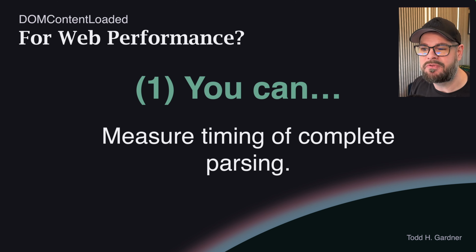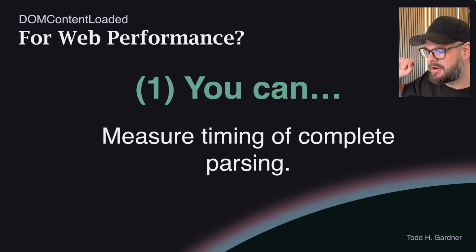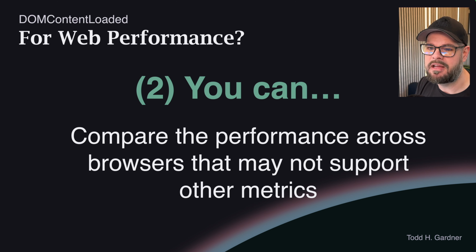So what can you use it for? Well, you can use it to measure the timing of the complete parsing of your document. So if you are sending a really complicated bit of HTML, like a lot of nested elements, 10,000, 20,000 elements, it can give you a really good idea of how long that's taking real-world browsers to understand that. And you can compare the performance of doing that across browsers that might not support other metrics.